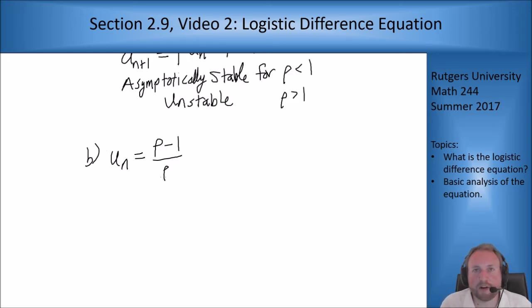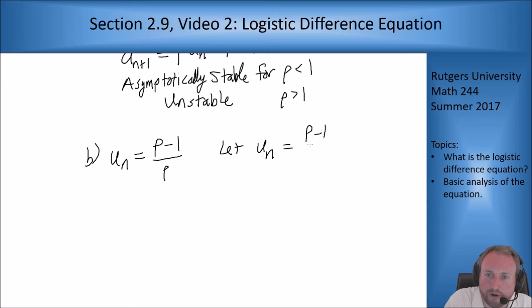Well, for this one we want to do something similar, but in order to do that we need to have something that's small. So we're going to let un be rho minus 1 over rho plus some vn. And since we're close to rho minus 1 over rho, then vn is going to be small.